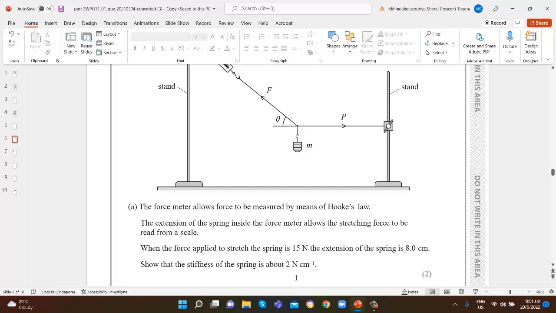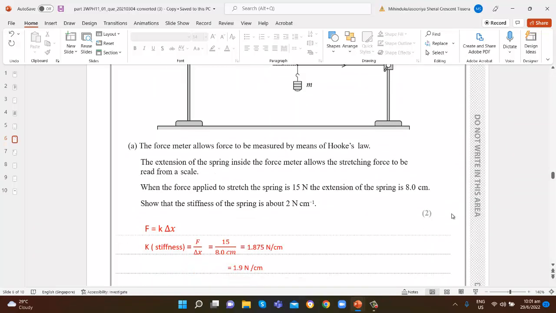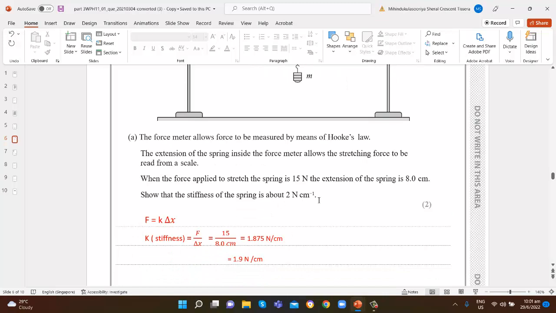Now remember, they are asking per centimeter, so you need not convert this to meters. I always tell you to answer what they are asking. Write what they are asking. Now we want the answer per centimeter.